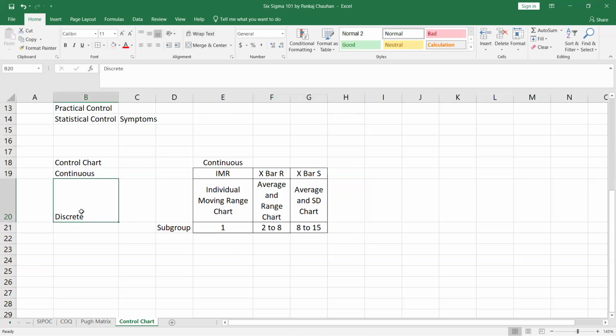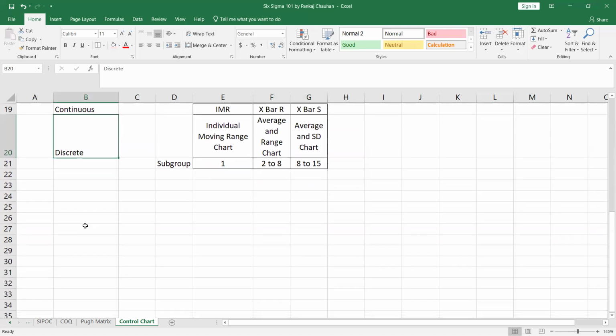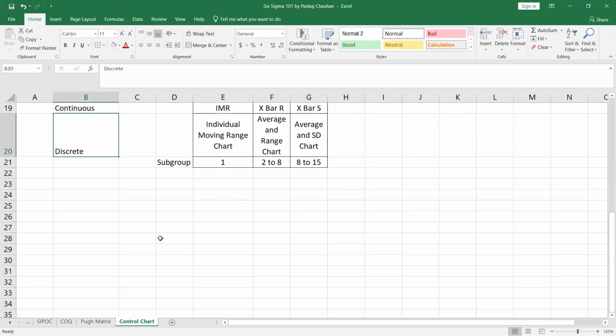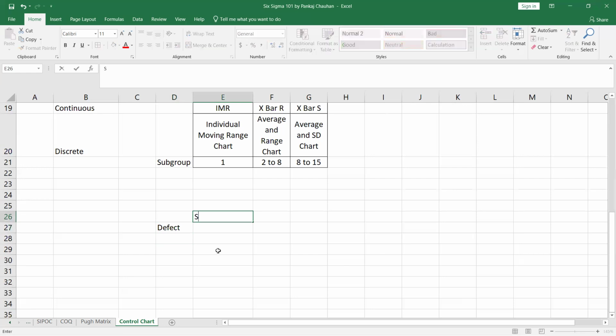Now, if I go for the discrete or attribute data, this will depend on what output you are looking for. Are you trying to look for the defect count? That means your sample size or subgroup size is constant.